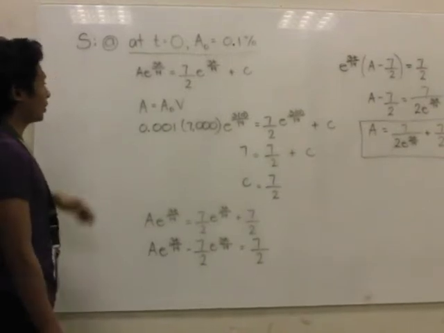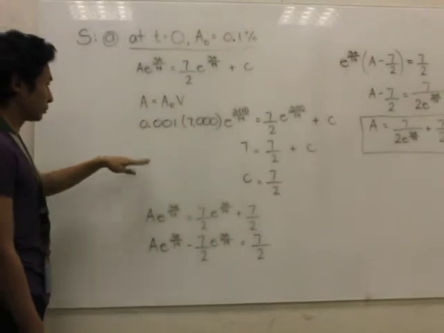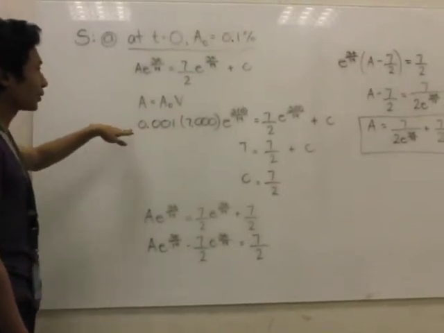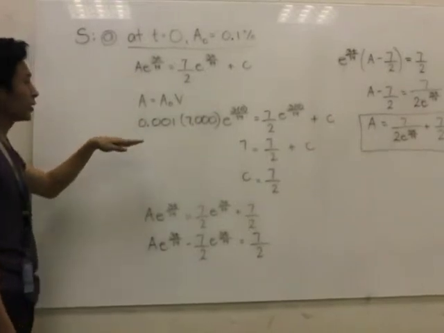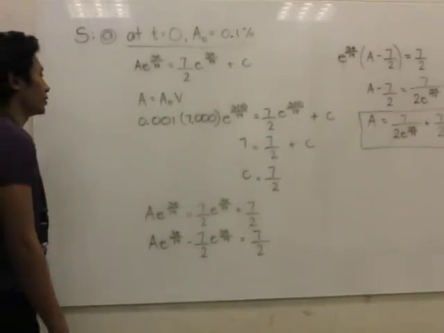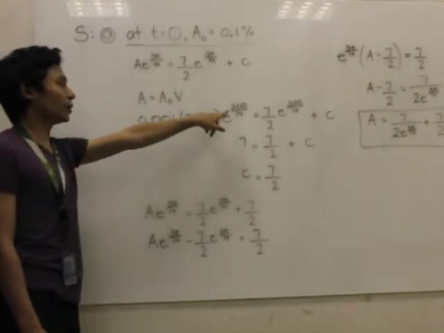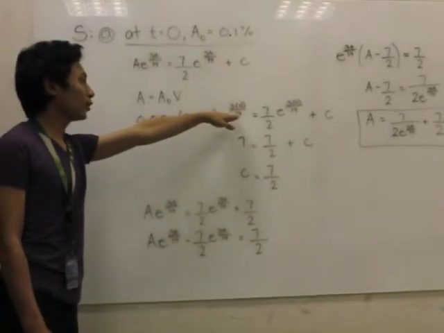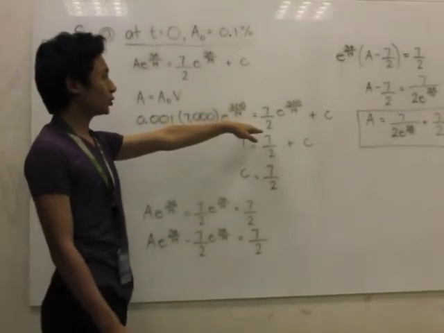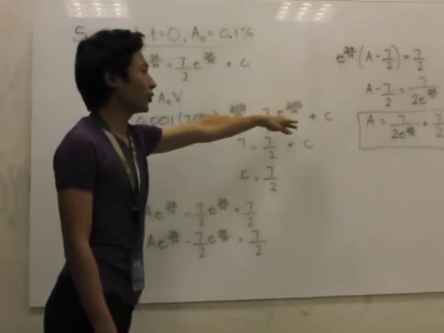So A equals A naught times B, and then putting all the given in the equation, we'll have 0.001 times 7,000 times e raised to 3 times 0 over 14 equals 7 over 2 e raised to 3 times 0 over 14 plus c.